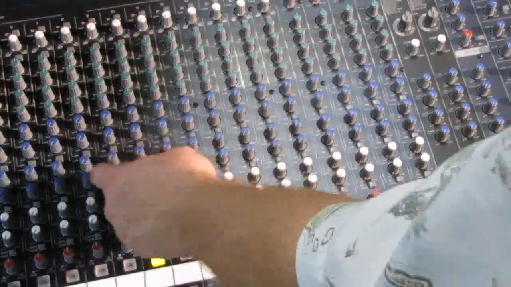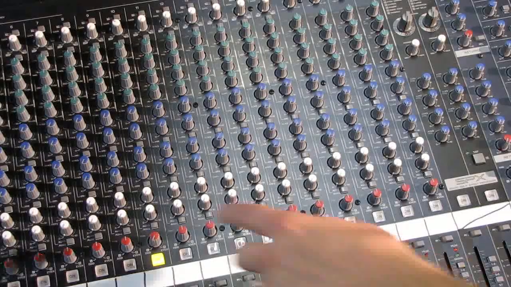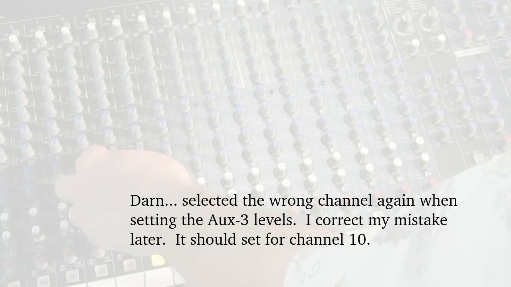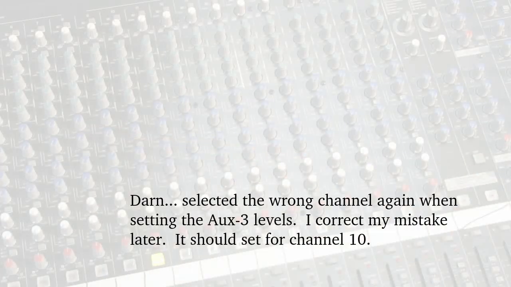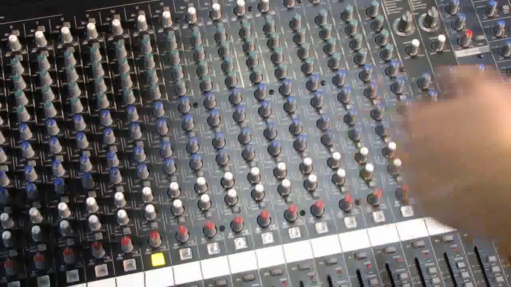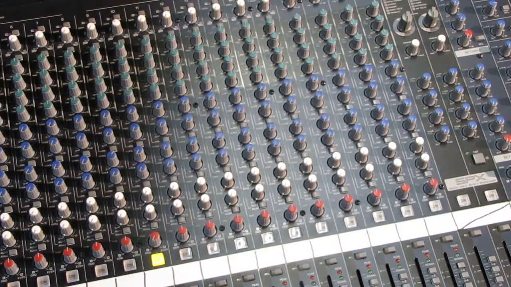So here I've got auxiliary 3 set for reverb. We're just going to turn this up a little bit. I'm just going to set that at what Yamaha says here is probably unity. We're just going to leave it at that, and then we're going to set the main output for auxiliary 3 so that we can send the signal out to the reverb unit.